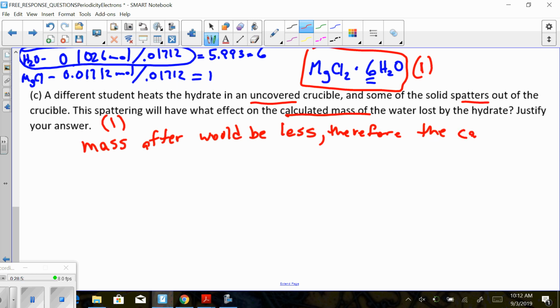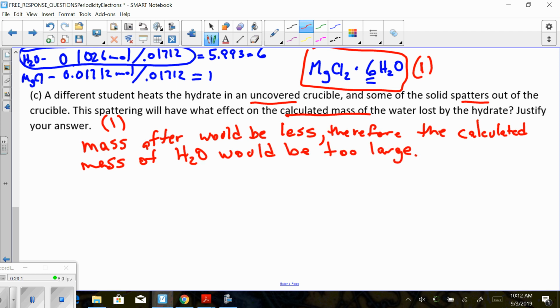Therefore, the calculated mass of the waters would be too large.